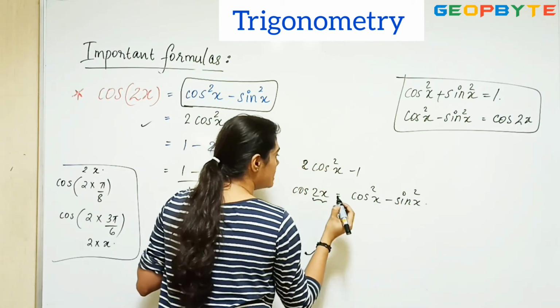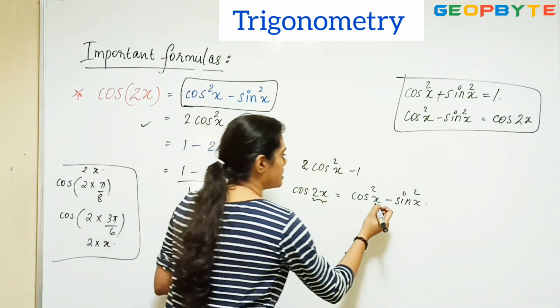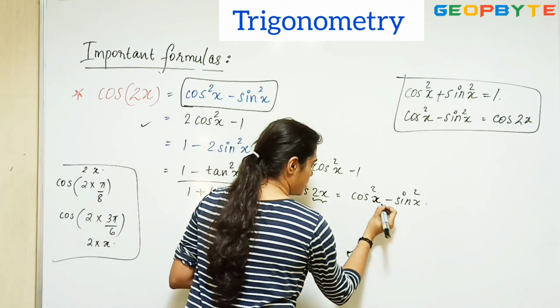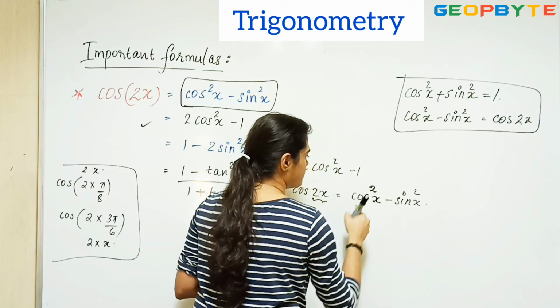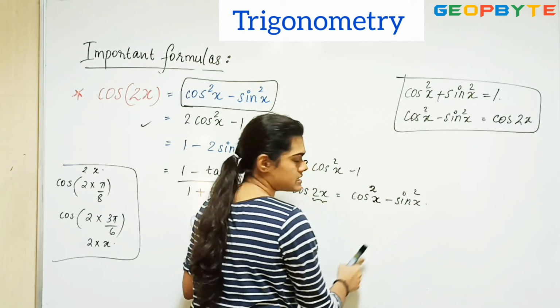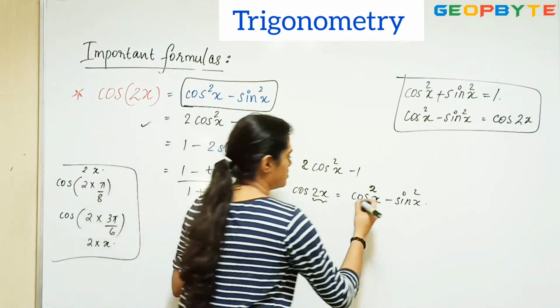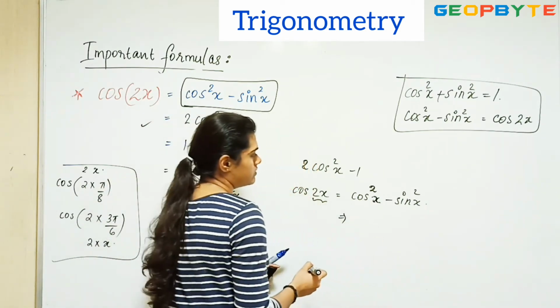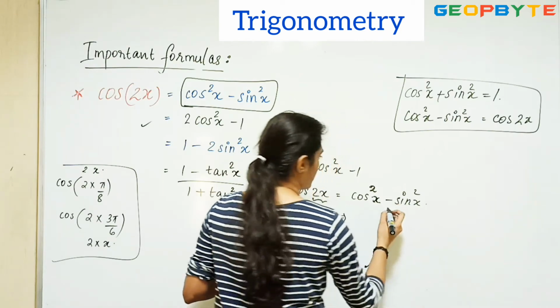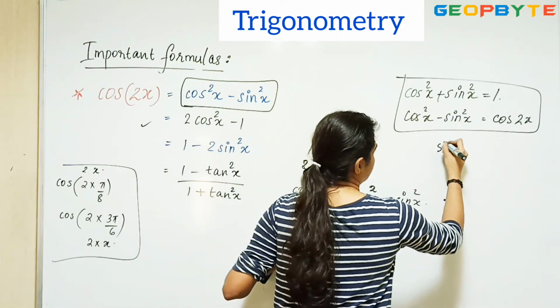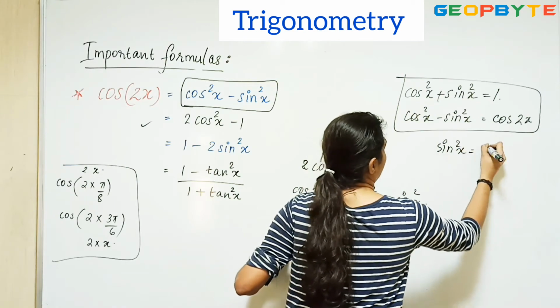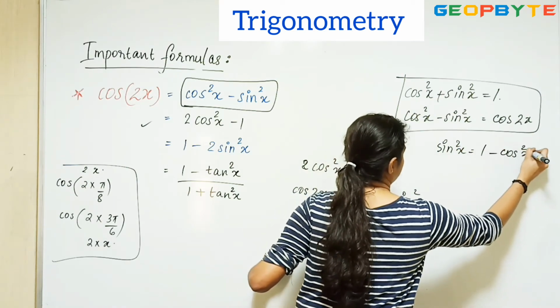Any angle can be represented as power of 2 with cos and sin. So how will you get that? We'll do one thing. What is sin square x? From here, 1 minus cos square x, right?